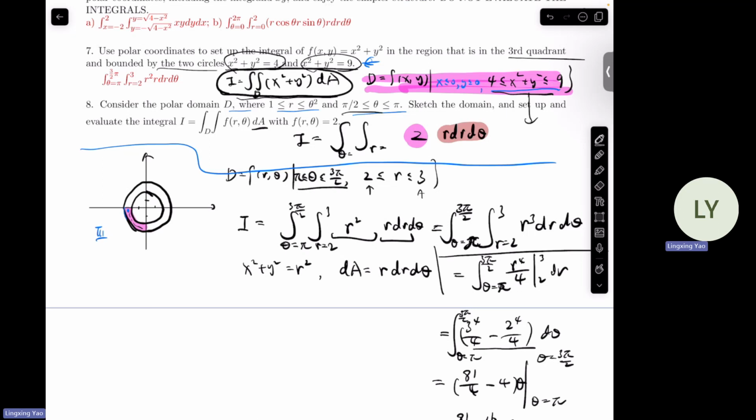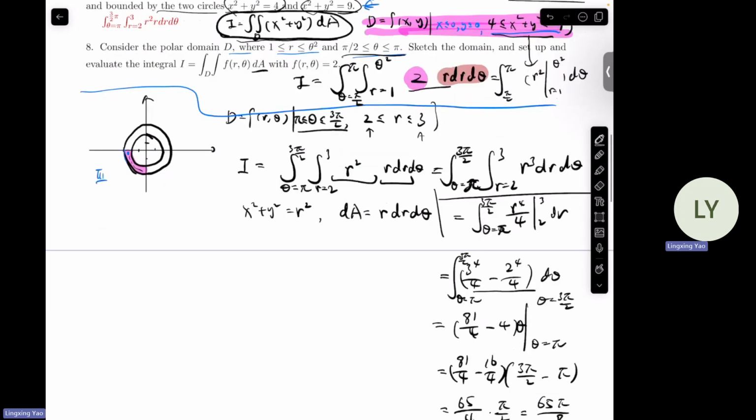So theta is specified with pi over 2 as the lower limit, pi as the upper limit, and r is starting at 1 and stopping at theta squared. So this is not too bad, right? We can compute this relatively easily. So 2r as the integrand here. The antiderivative is r squared, with r from 1 to theta squared, d theta.